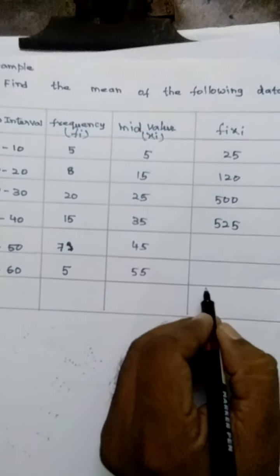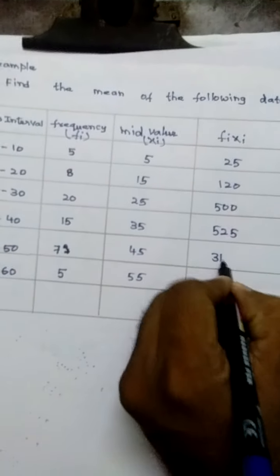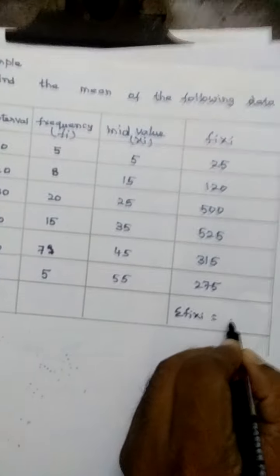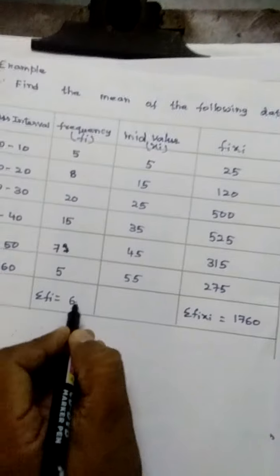You have to calculate each and every value carefully. 45 sevens, 315. 55 fives, 275. After finding each and every value, you have to add sigma fi xi, that you will get 1760. Now sigma fi means sum of frequencies, that is all these values. You will get 60.